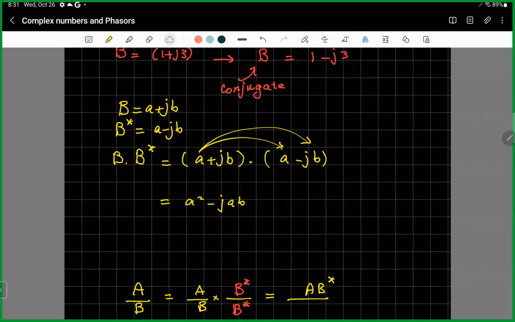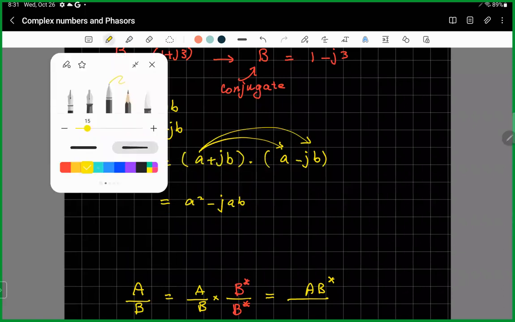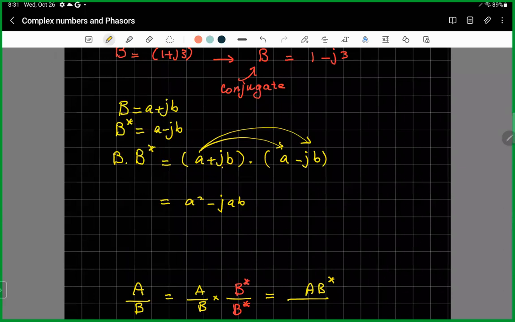And then I will start to multiply jB by A, and jB by minus jB. So jB times A will be plus jBA, and minus j squared B squared.